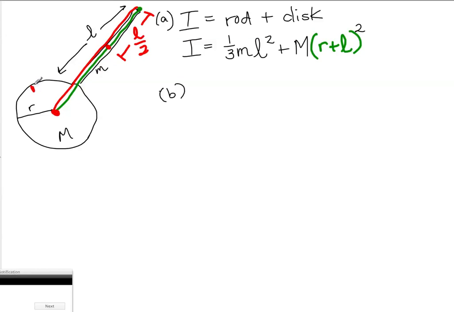As for the disc, the center of mass of the disc is here, and its distance from the pivot is, again, r plus L. So when I go to calculate this, I'm going to use my formula for finding the center of mass. Remember, the position of the center of mass is m1 x1 plus m2 x2 all over m1 plus m2. It's just a weighted average.